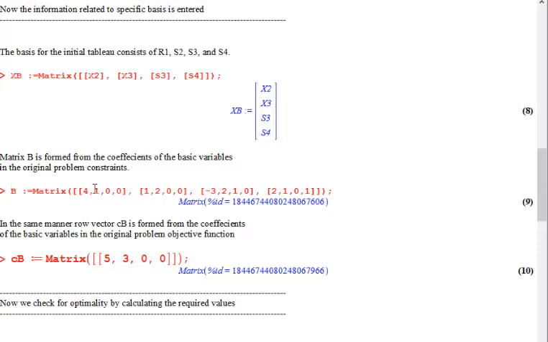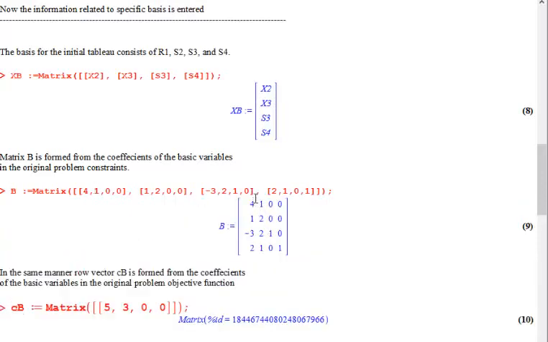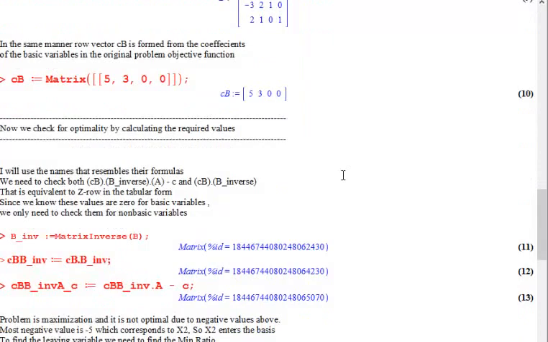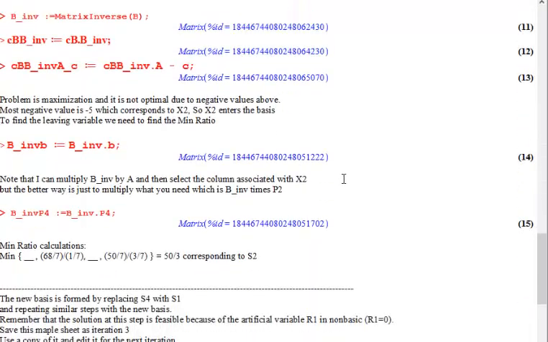I will set up the B based on X2 column, X3 column, S3 column, and S4 column. And appropriately, I'm going to create the CB with the coefficient of x2 and with the coefficient of x3 at the first and second place. Now I will be doing the regular calculation.